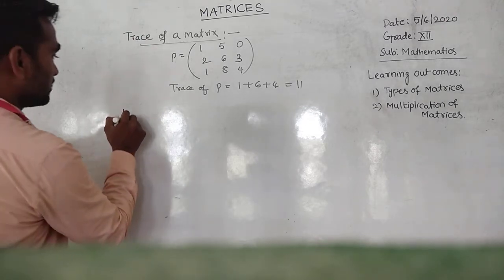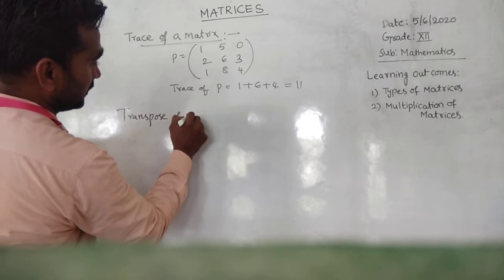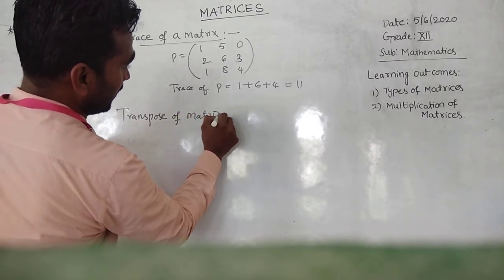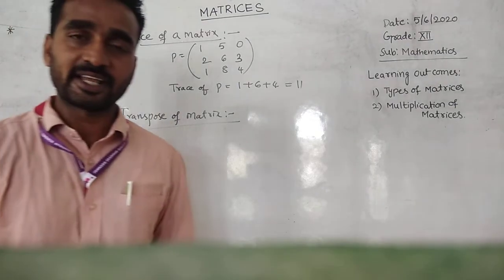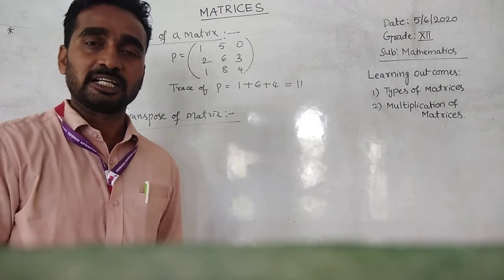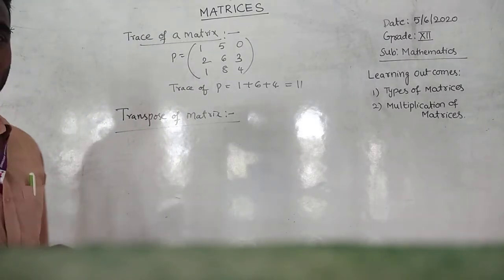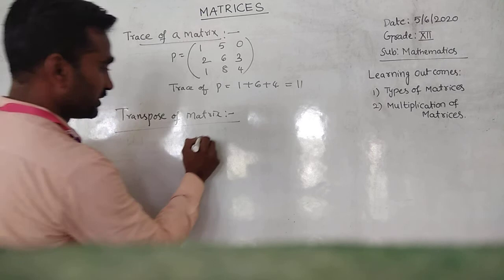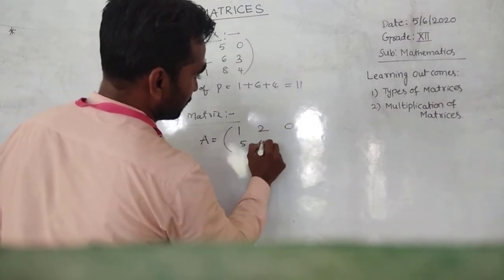Next, transpose of a matrix. A is any matrix, rectangular or square, of any order. Interchanging rows as columns and columns as rows, the new matrix is said to be the transpose of the matrix A. For example, A is [1, 2, 0; 5, 4, 3].